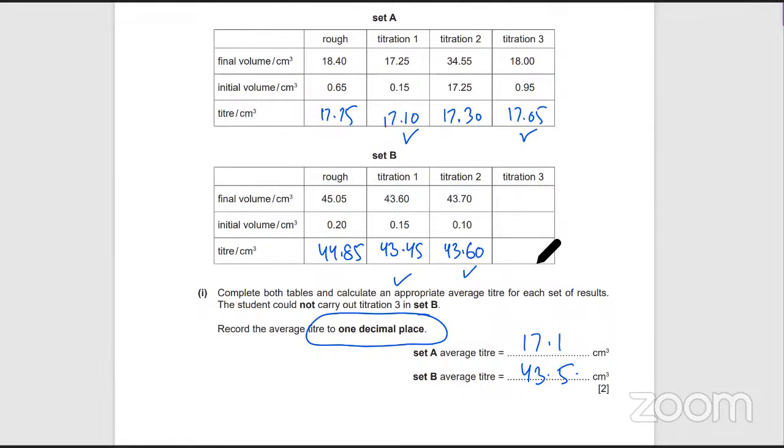Not necessary. क्यों necessary नहीं है? क्योंकि reliable results मिल गए थे इसलिए. नहीं मिले थे. 0.1 का डिफरेंस होता है ना, that is concordant results. This is not 0.1.